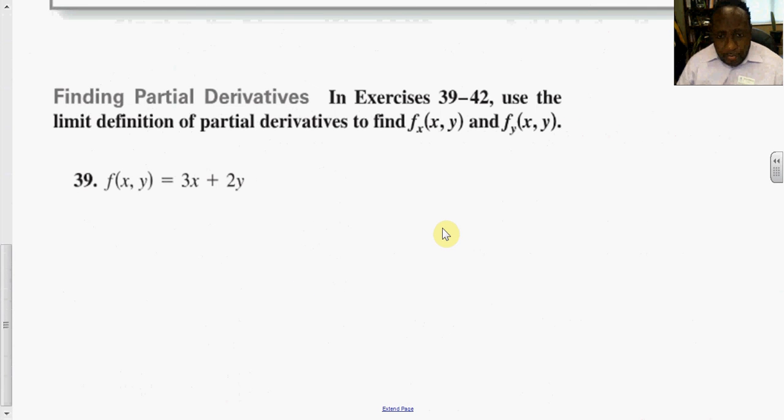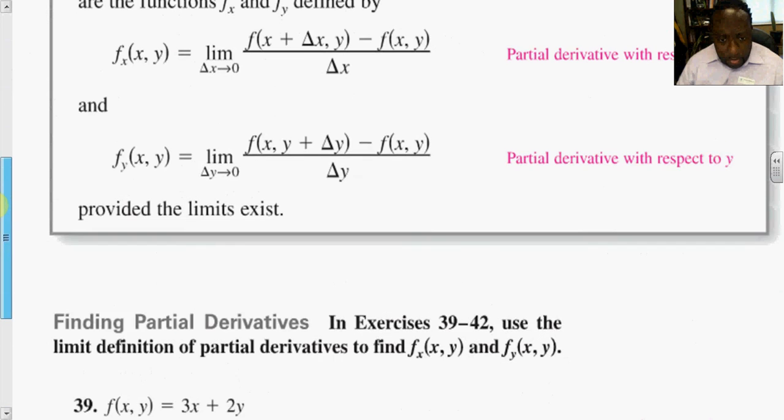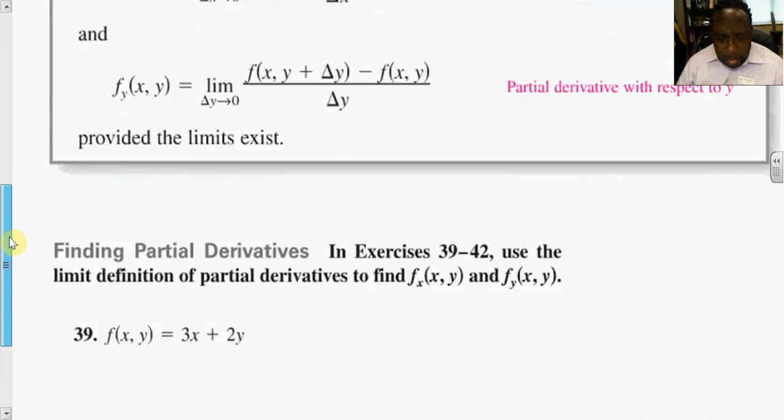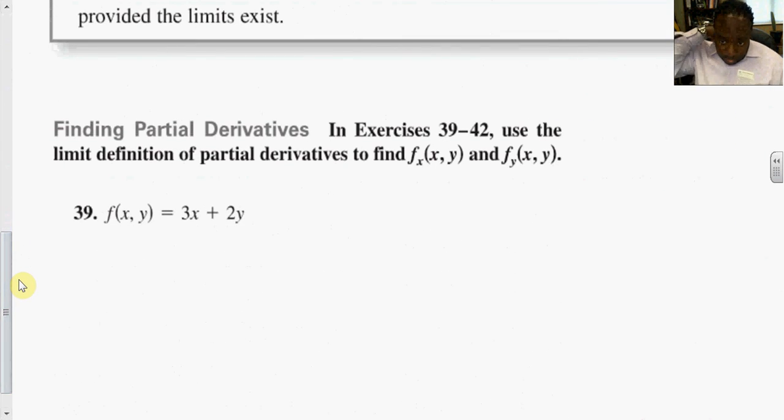Use the limit definition, what we just went through, to find the partial derivative of f with respect to x and also with respect to y.